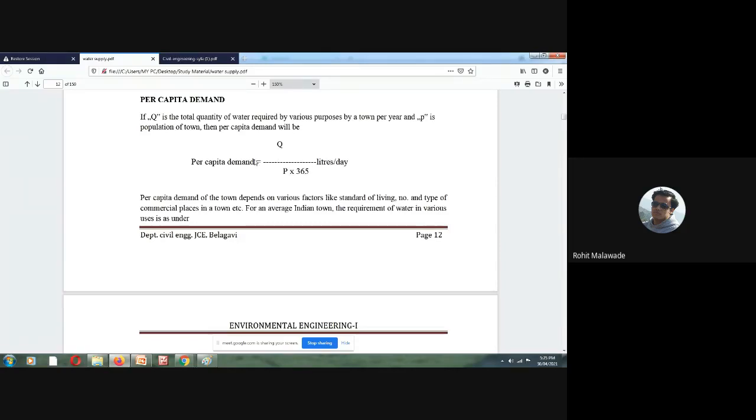If I do this, I get how much water each person in that town is going to consume, that is, the per capita demand of the town. Is it clear?